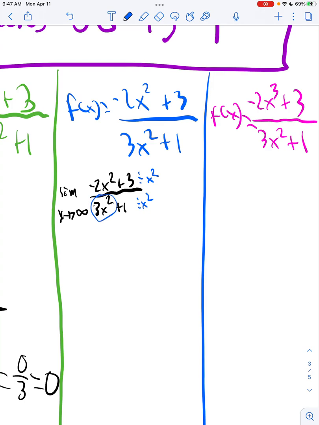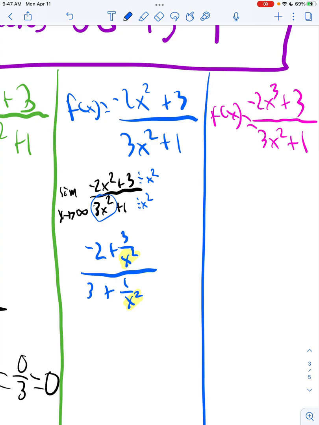That's going to get this term right here to cancel out. That's kind of our goal. Why am I doing this? I'm doing it so that that x squared cancels out. And so we are left with negative 2 plus 3 over x squared all over 3x squared divided by x squared cancels out, plus 1 over x squared.